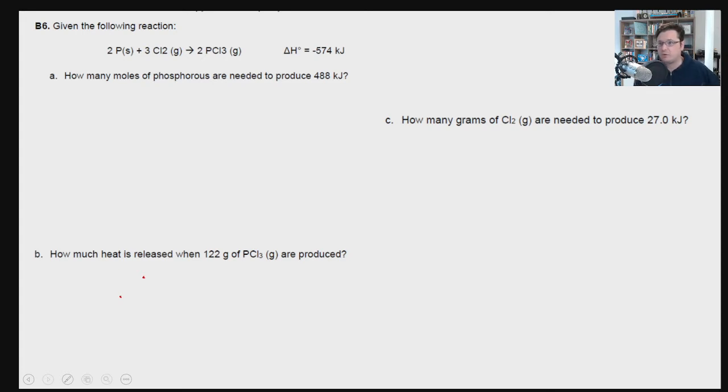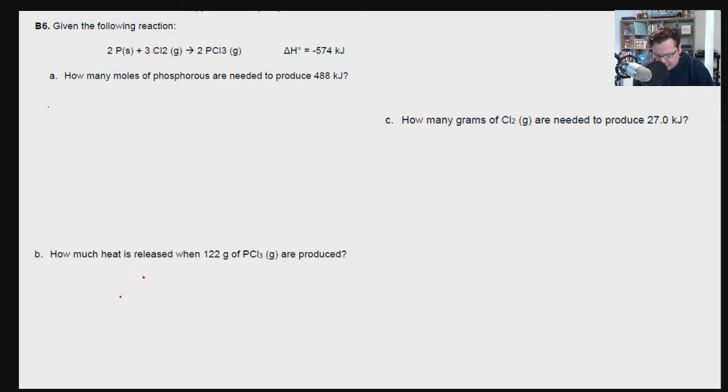Based off of that, we're going to answer a few different questions. Question 1: how many moles of phosphorus are needed to produce 488 kilojoules of energy? As the reaction is currently written, for every 2 moles of phosphorus used, you're releasing 574 kilojoules. To standardize that to the energy per mole of phosphorus, we simply divide by 2.